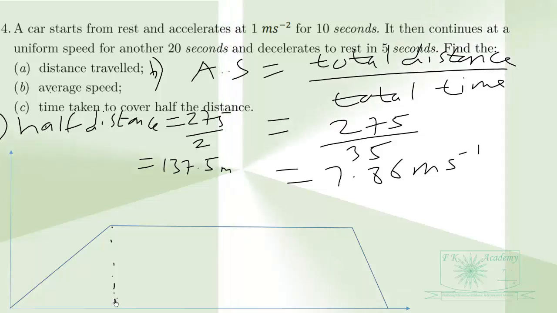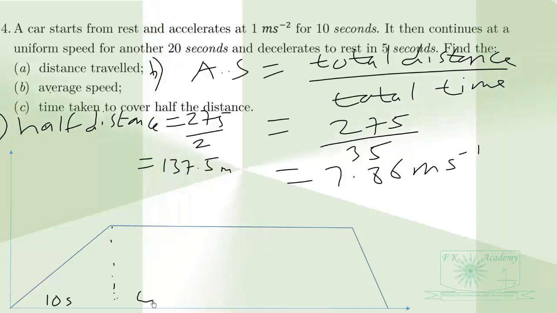We saw that 10 seconds was taken in the first phase of the journey. Now let's say that the additional time that is needed, T, for it to get to half of the distance, 137.5 meters.